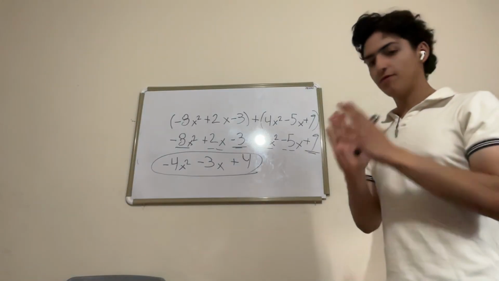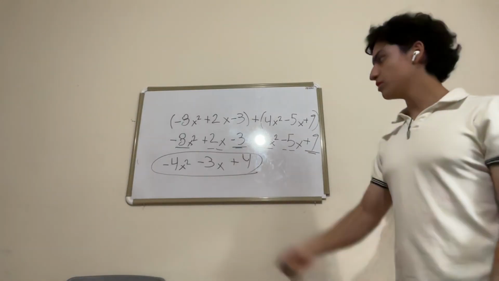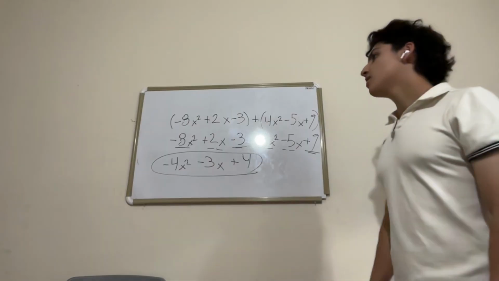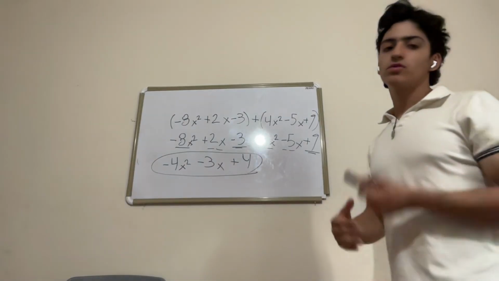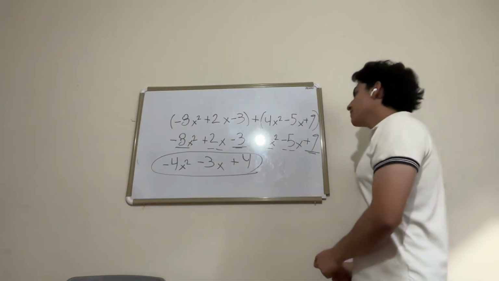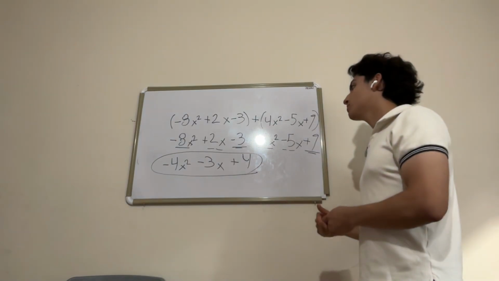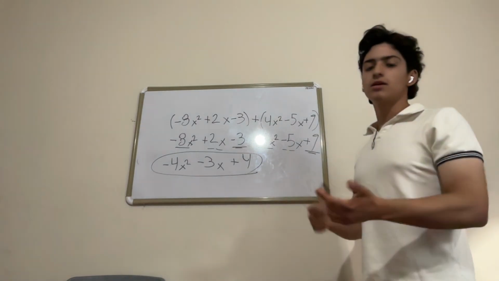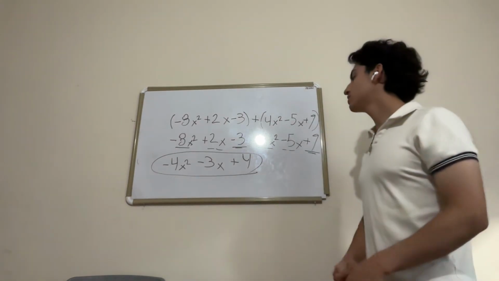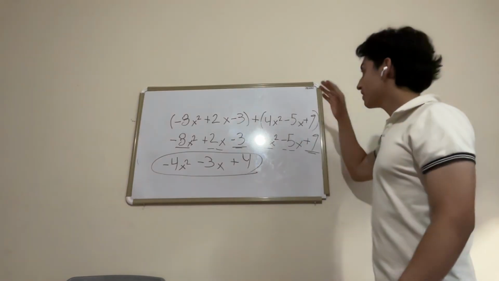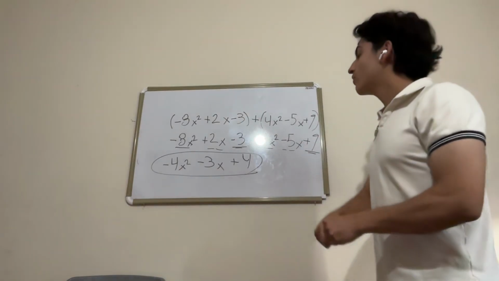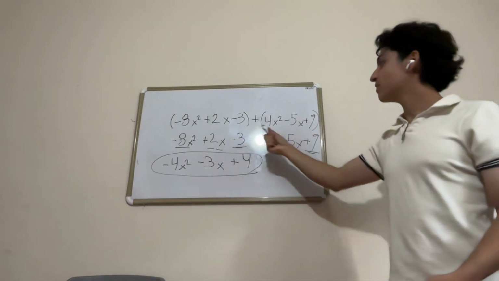So yeah, the fundamental concepts to understand this, because yeah, you can memorize this process, but that doesn't work. You gotta deeply understand this. It's basically how pre-algebra works: addition, subtraction, whatever, parentheses. And at the end of the day, in this case, it's just that we gotta get rid of the parentheses.